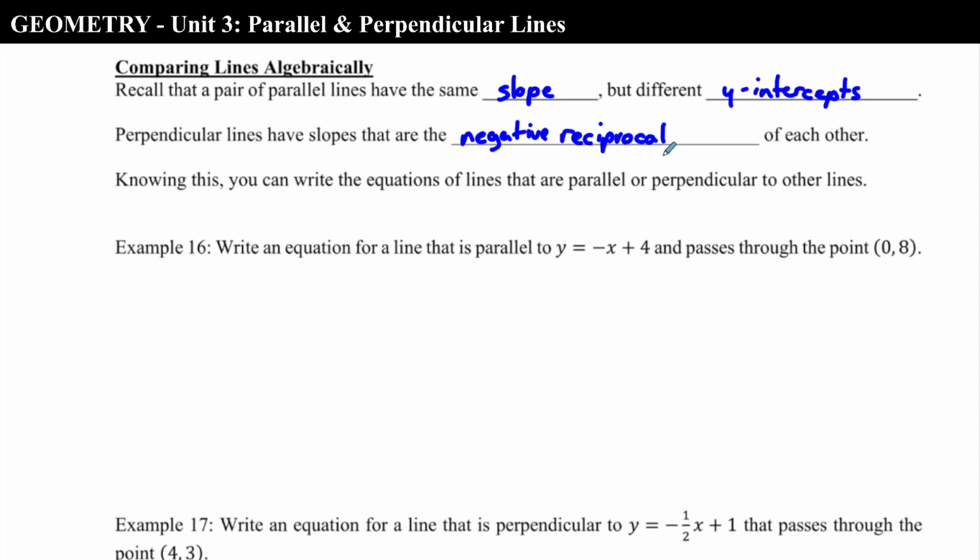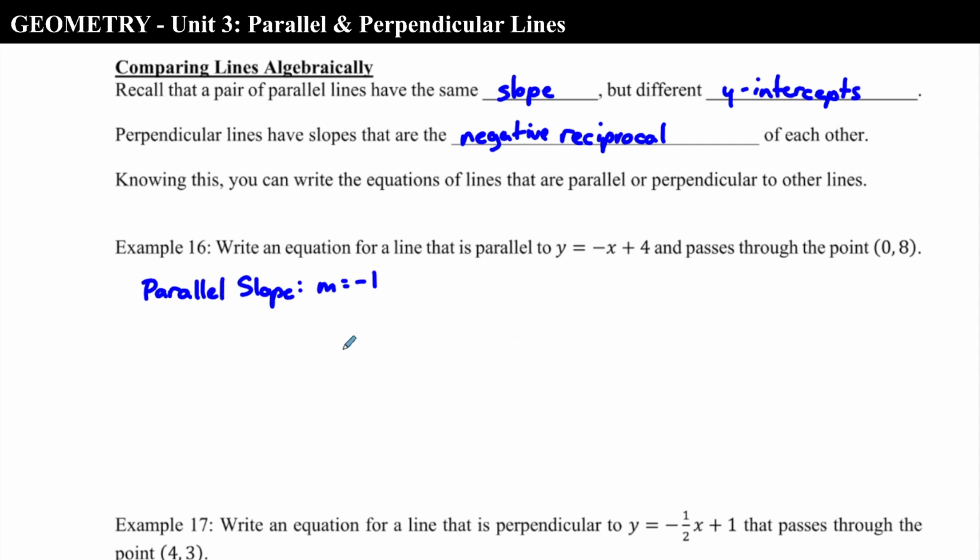So in example 16, we are tasked with writing an equation for a line that is parallel to the equation given and passes through a specific point. So first, we need to find what the parallel slope is. Well, that's easy because the parallel slope is just the slope of this line that we're trying to find that's parallel to it. So m equals -1. So since we have the slope and we have the point that the line passes through, all that's left to do is to put it into point slope form.